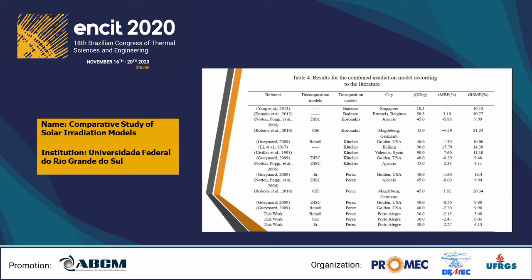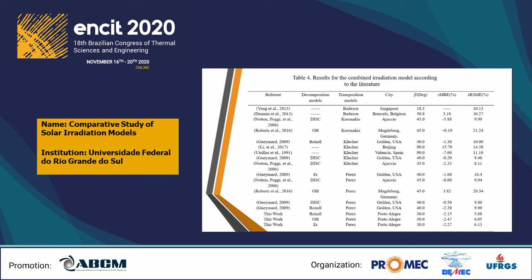It is observed that this Koronakis combination, tested for Ahmedabad by Norton, underestimated irradiance, presenting a relative MBE of -5.88% and a relative RMSE of 9.989%.